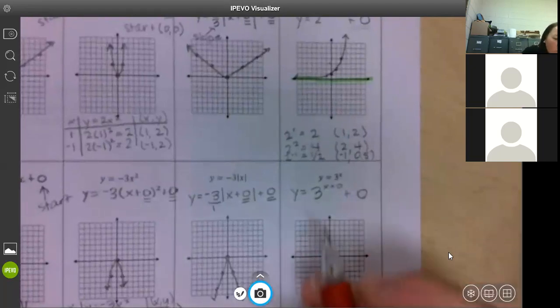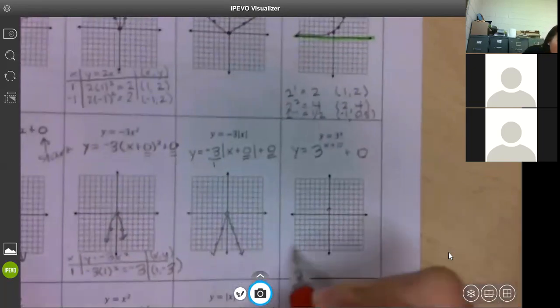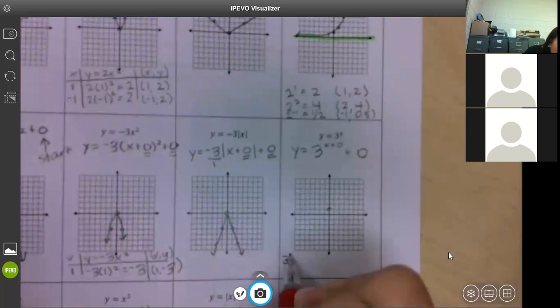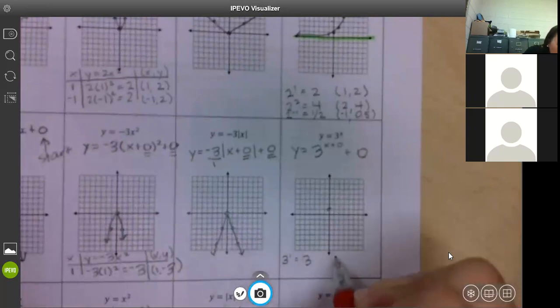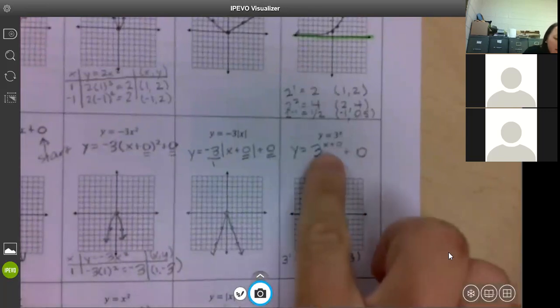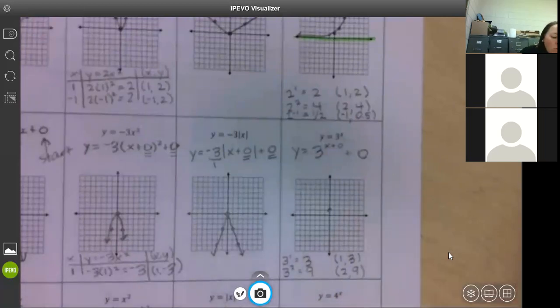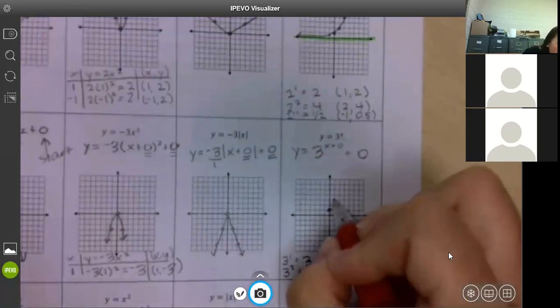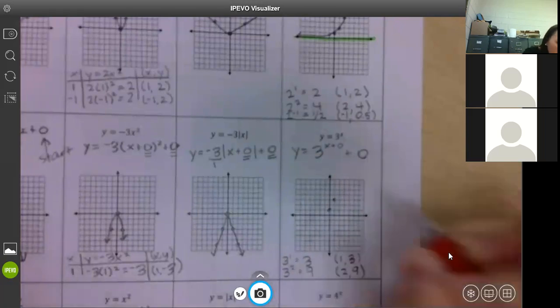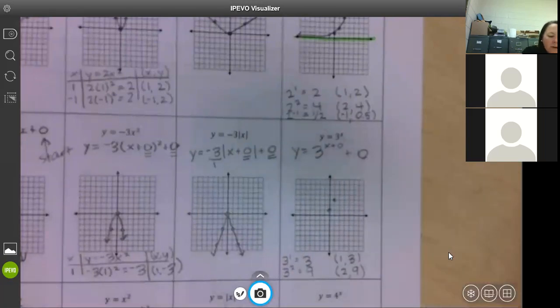To get the other points, we're going to do 3 to the 1, which is 3. I plugged in 1, I got 3. And this is plugging it into this equation up here, 3 to the 1. 3 to the 2, I get 9. So I plugged in 2, and I got 9. That one will not fit. Okay, so there's your 1, 3.